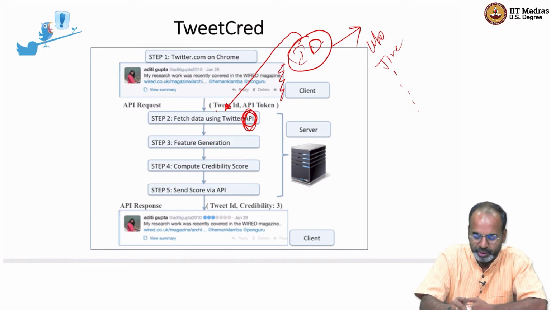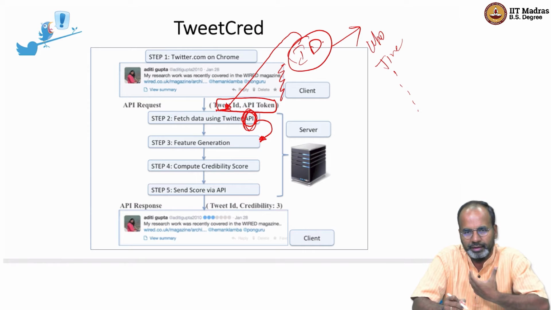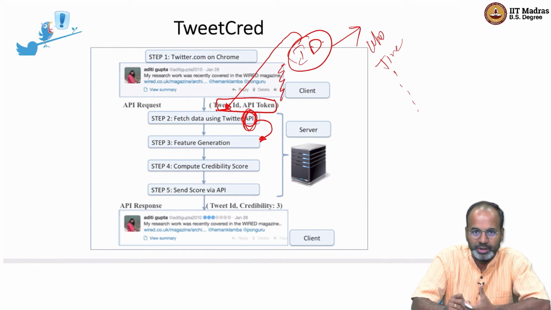So you get the tweet ID and API token. With that, you send it to the Twitter API and ask for details. Features are generated. We know now what features to use, which features work better: creation date, URL, what are the words that are used in the tweet. All of those features can be taken together to create a score.